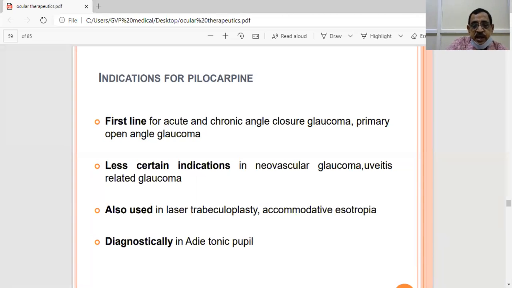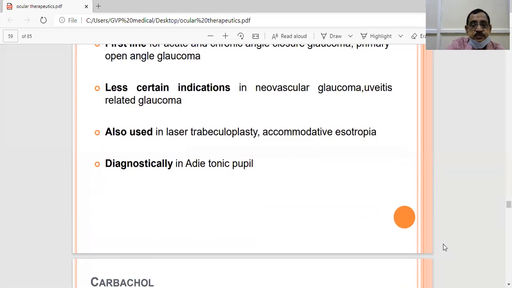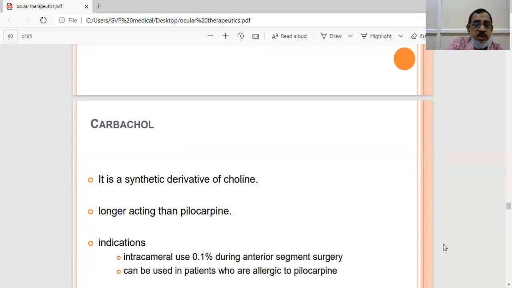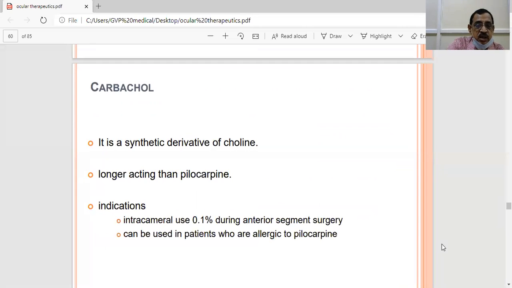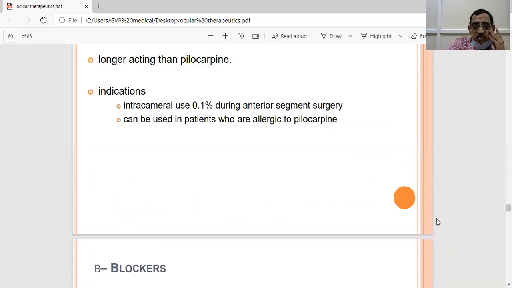Diagnostically, we use it in Adie's tonic pupil. Carbachol is a synthetic derivative of choline, longer acting than pilocarpine. Intracameral 0.1% is used during anterior segment surgery for constricting the pupil. It can be used in patients who are allergic to pilocarpine.